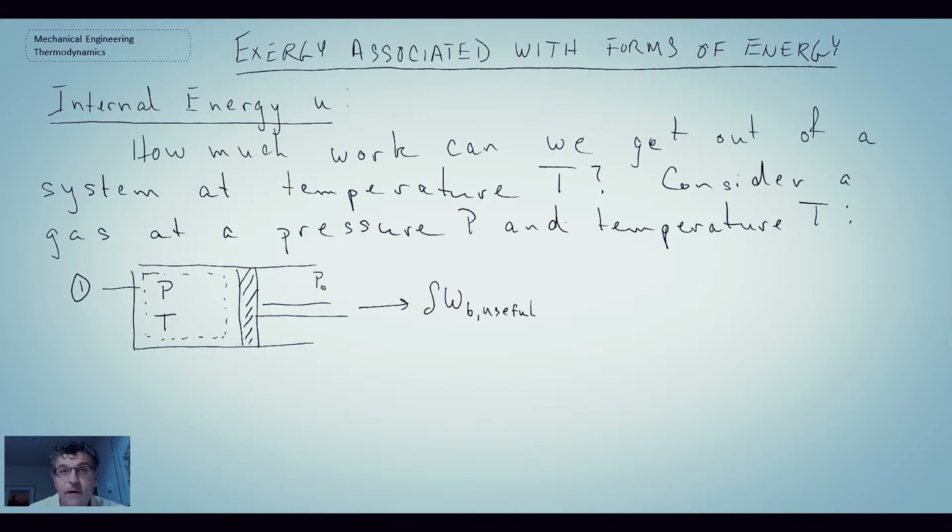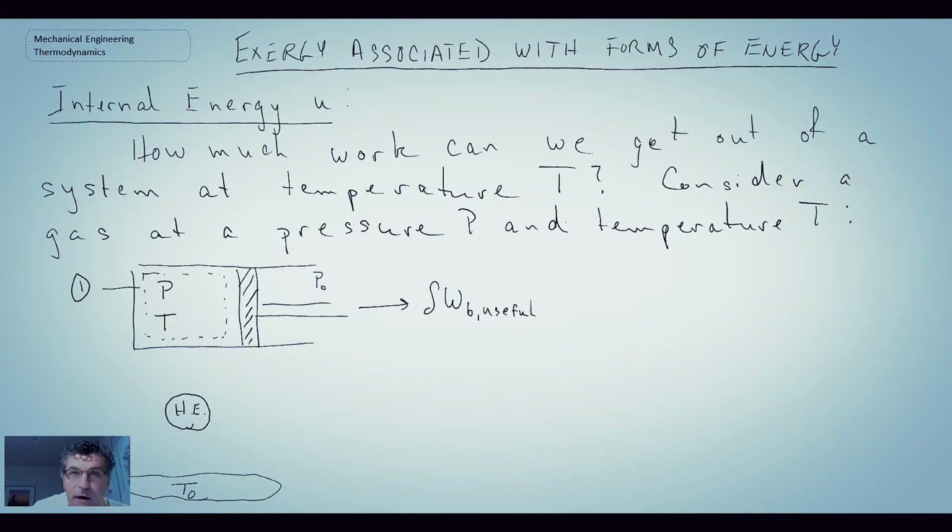At the same time, if the gas is at a temperature that is hotter than the surroundings, and we'll say the surroundings are at temperature T naught, then we can put a heat engine between the gas at the hotter temperature and the surroundings. So I'm going to sketch a heat engine here.